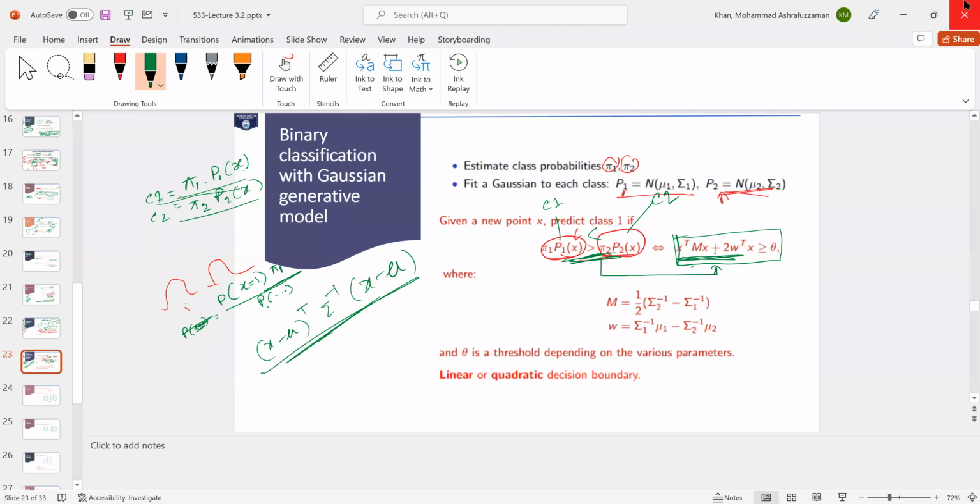And now the denominator will be the same for class 1 and class 2. That's why we are not using the denominator. We're only keeping the numerator. When we compare, we are removing the same terms from both sides.